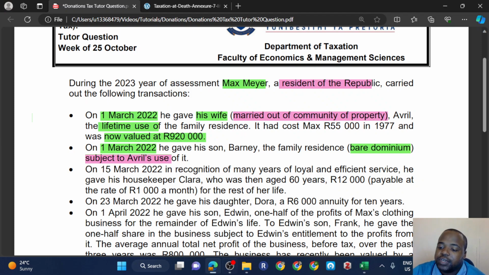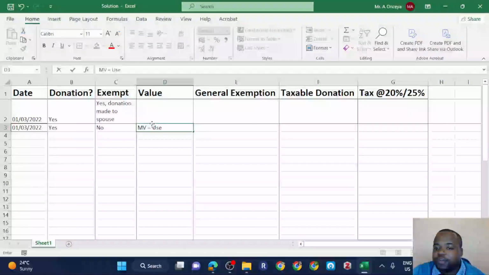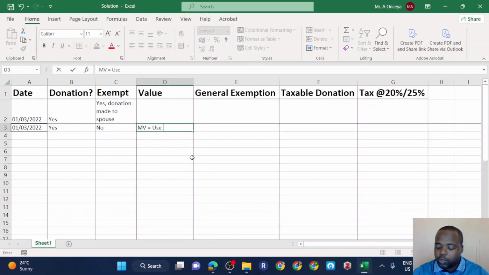That's the full value of ownership. So we say the full value of ownership is represented by the value you derive from using the property, and also the value of being able to decide when to sell or whether or not to sell, right? So that's the value of the property.